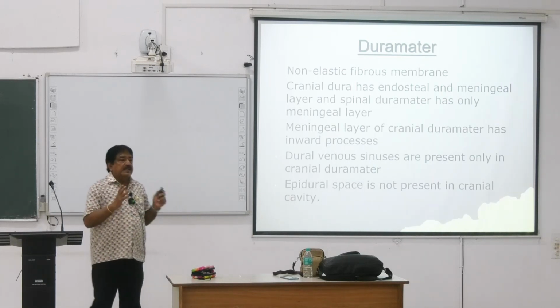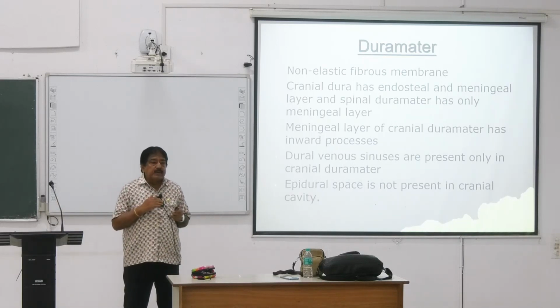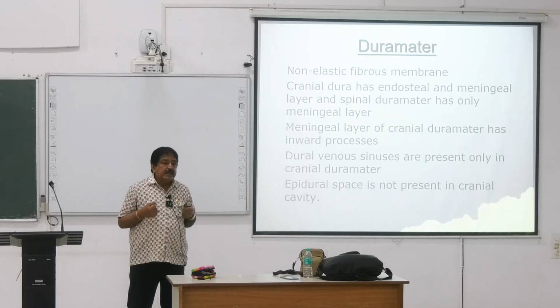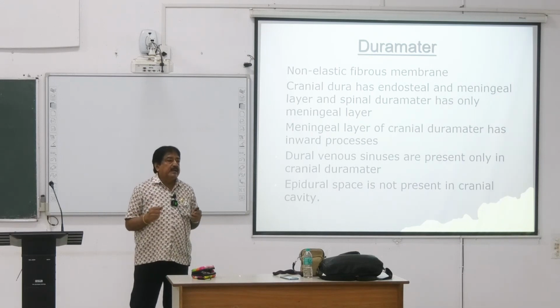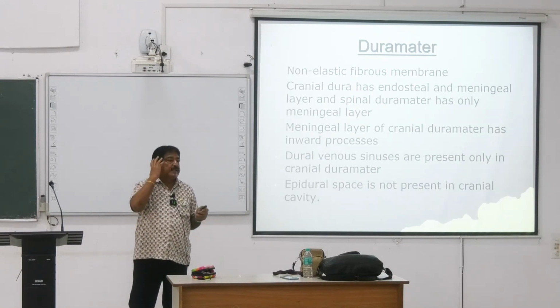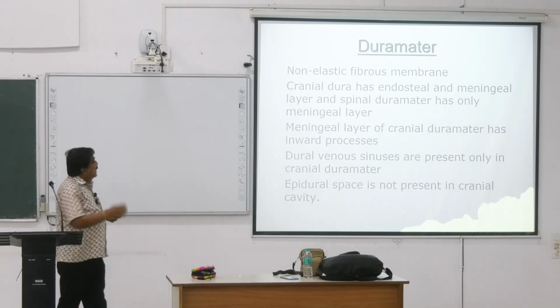And so, if you're driving a bike at high speed and you get a sudden jerk, you might not hit the cranium, but it can lead to a subdural hematoma.